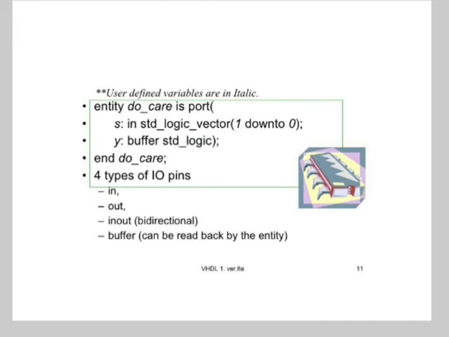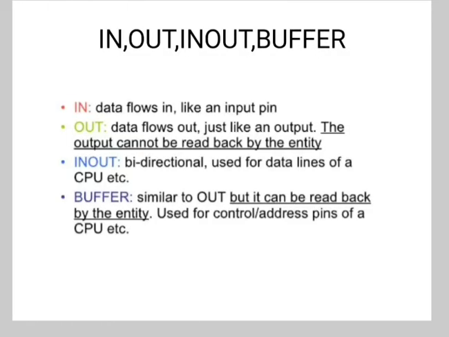Here one more example is given, that is S is in standard logic vector 1 down to 0, that is there are 2 inputs, S of 0 and S of 1, and Y is buffer. Buffer means what? Output port with internal read capability.